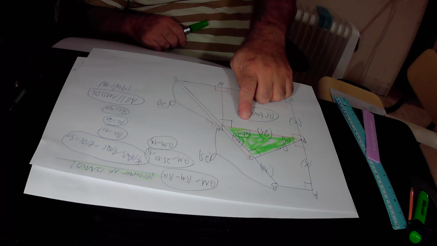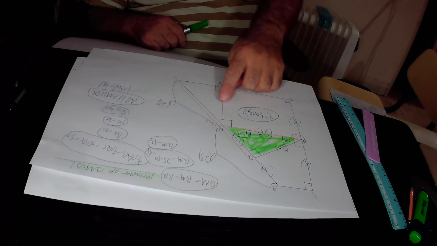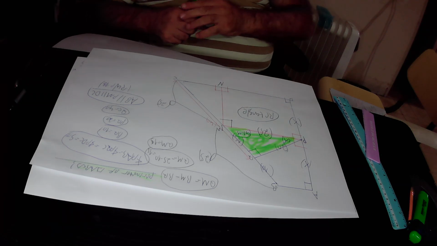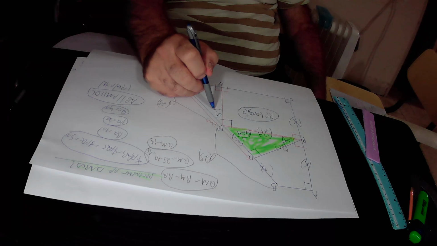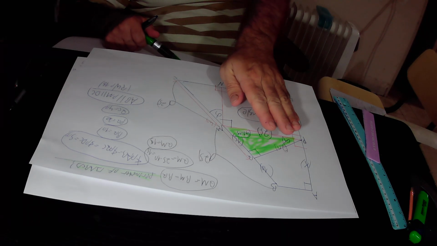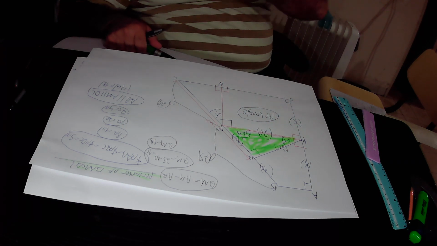In total, the sum of those 3 angles must be equal to 180 degrees according to rule 3. 90 degrees minus alpha plus 90 degrees is 180 degrees minus alpha. So 180 degrees minus alpha plus the size of this third missing angle must in total be equal to 180 degrees, and therefore this third missing angle must be equal to alpha. Why? Because 180 degrees minus alpha plus alpha is equal to 180 degrees. That is the sum of the angles on this left side of the straight line BC at point M according to rule 3.